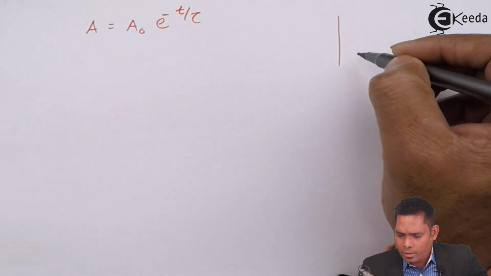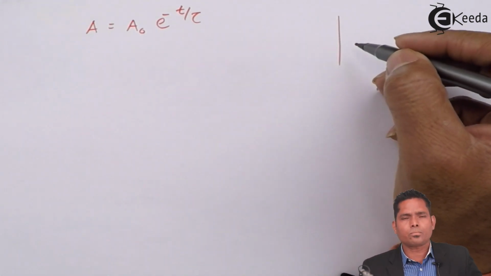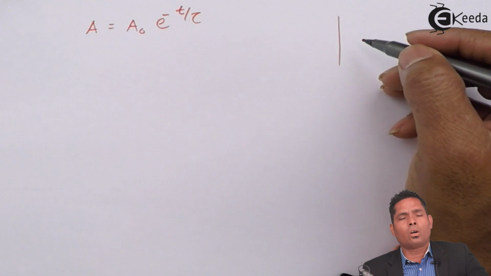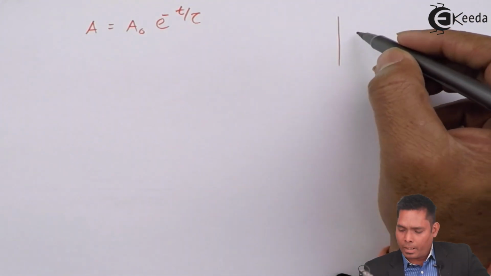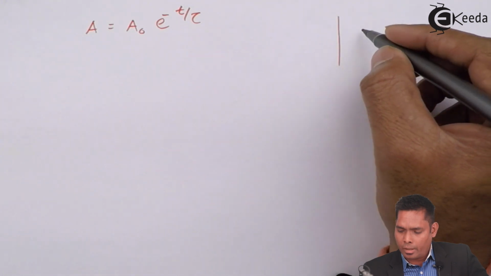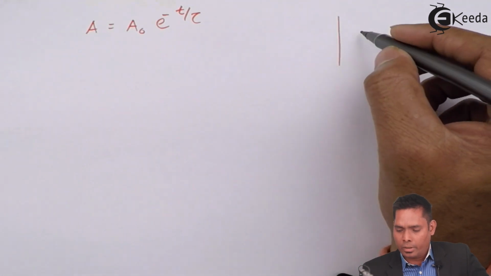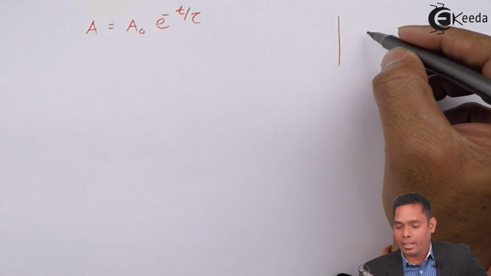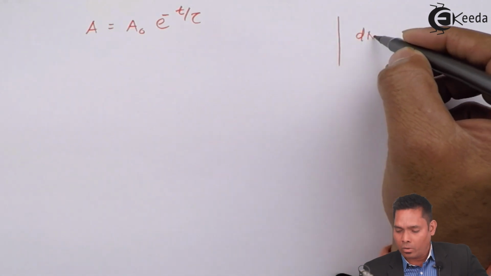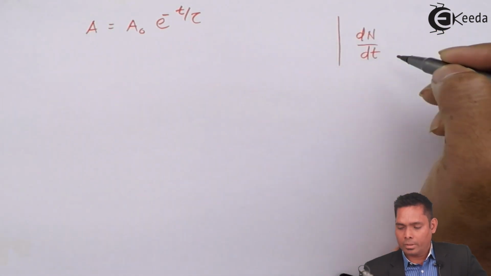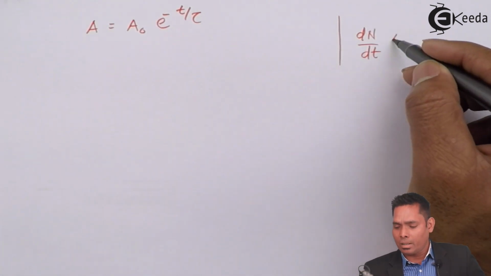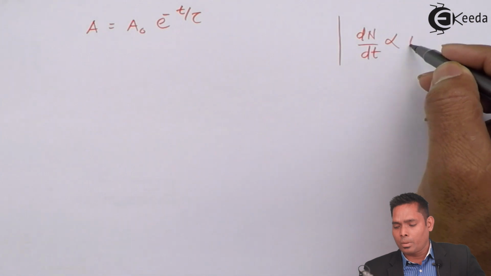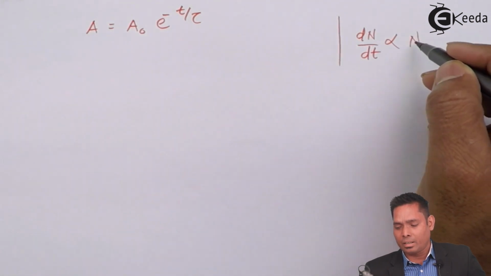We must know from the law of radioactive decay that the rate of loss of nuclei is directly proportional to the number of nuclei present at that instant.